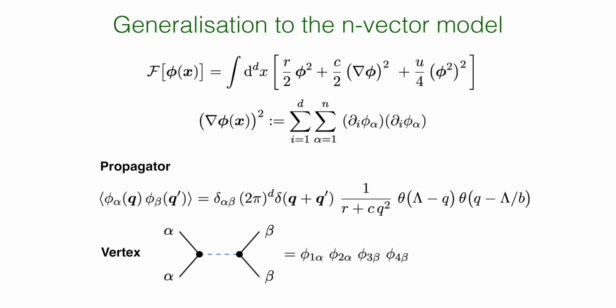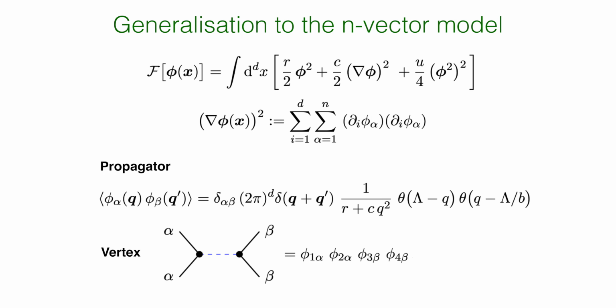Now, when you have such a generalization to an n-vector model, your propagator, so the correlation function between the fields, also changes. This is the correlation function in mean field theory, so it's our basic element that we use when we study the perturbation theory of these objects.